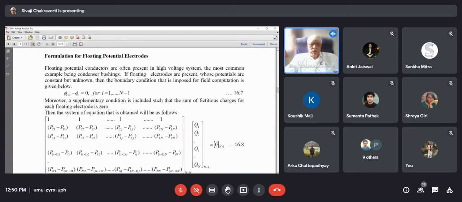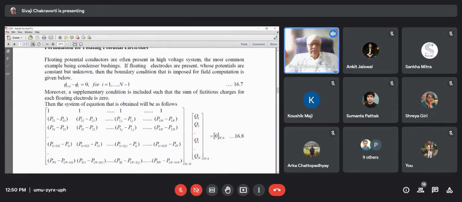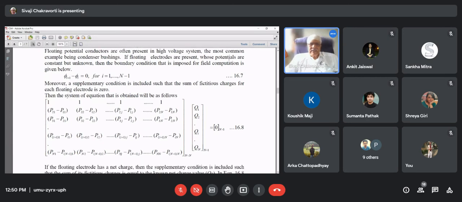So if I have a number of points on the floating potential electrode and I apply this equation to n number of points, how many equations do I get? It will always be one less than the total number, because our equation is phi i plus 1 minus phi i is 0. So you will get n minus 1 equations.